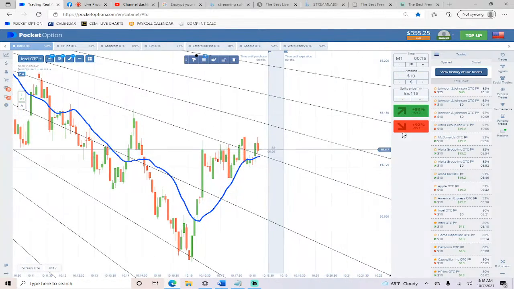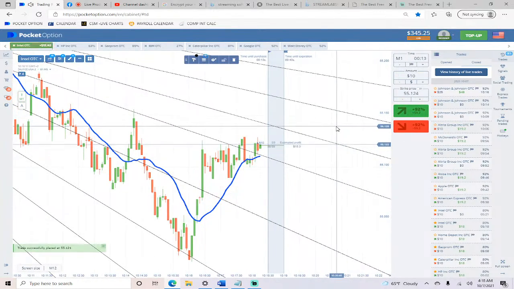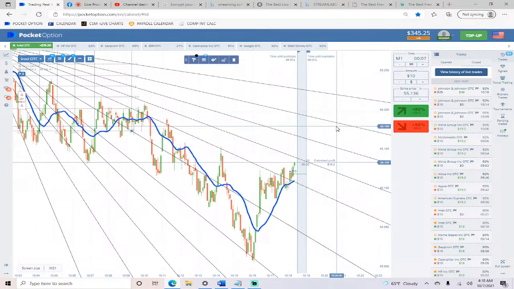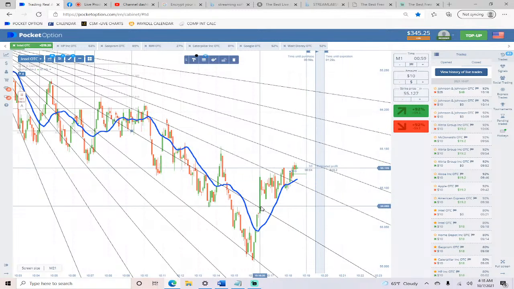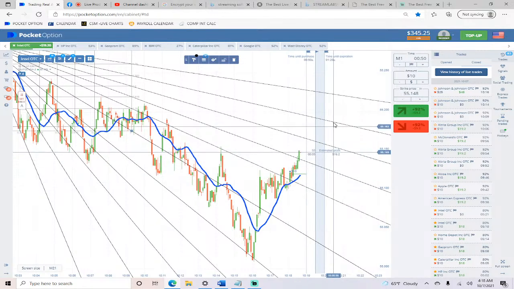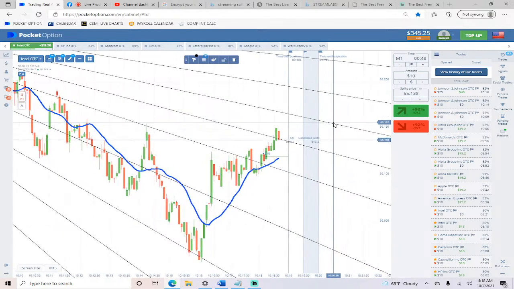Let's wait for a bounce. Boom. Now we're already above our correction zone. We're breaking through a weaker resistance. So this momentum should just take off.